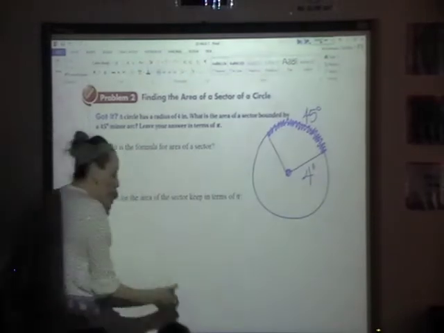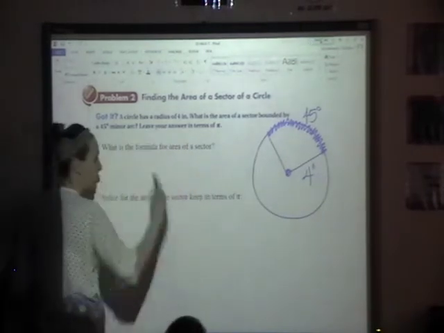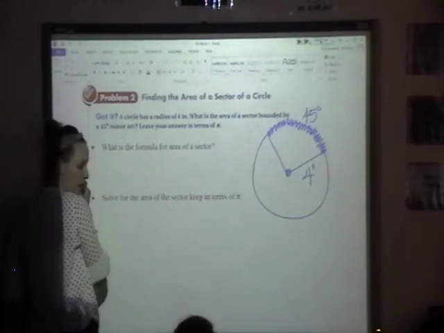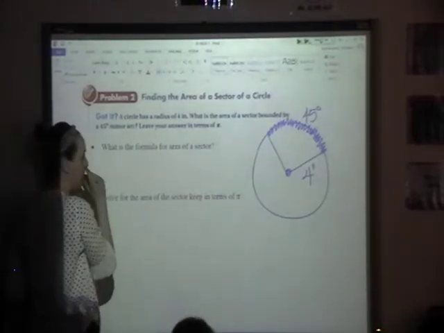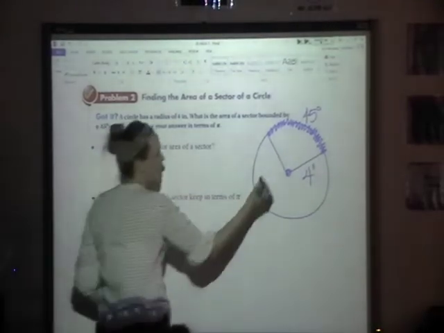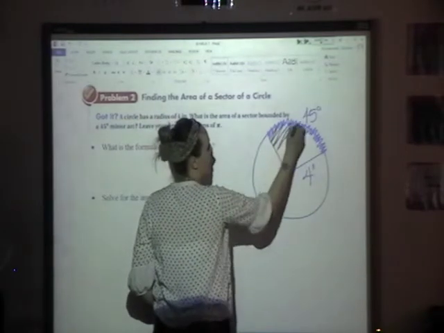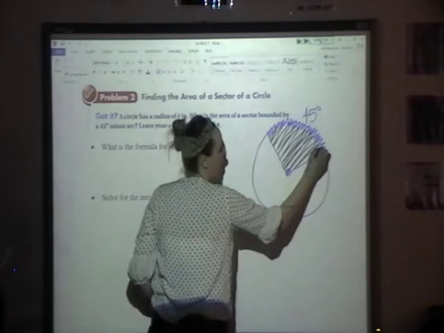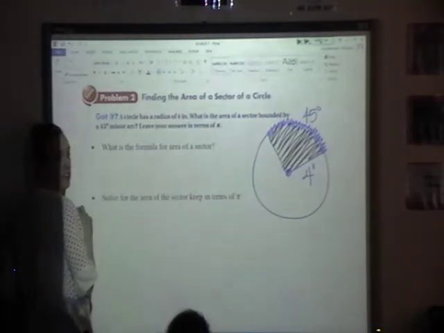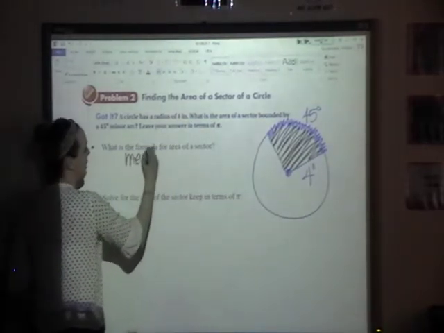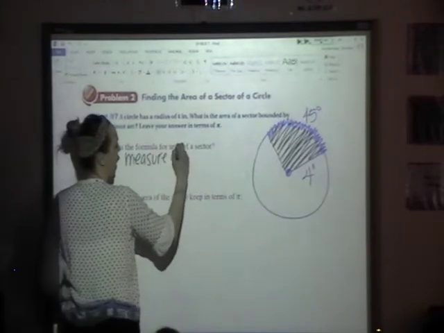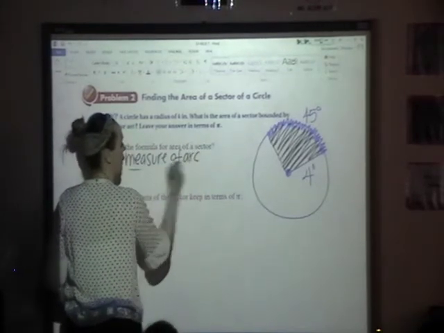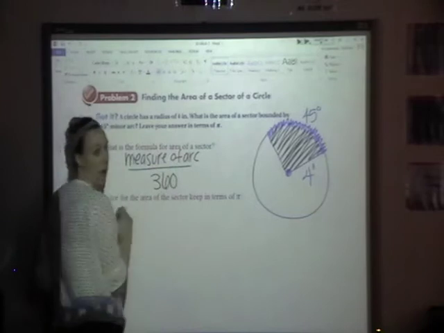What is the formula for the area of a sector? So how do we find it? All right, Gabe, go ahead. I heard you say it as I was coloring. Measure of arc over 360, then what?